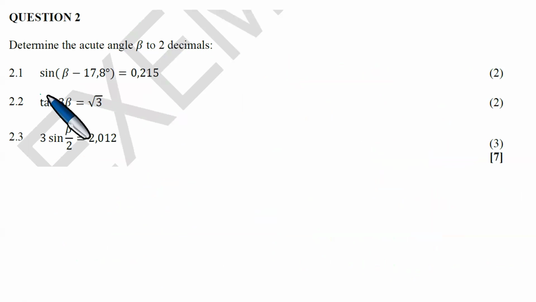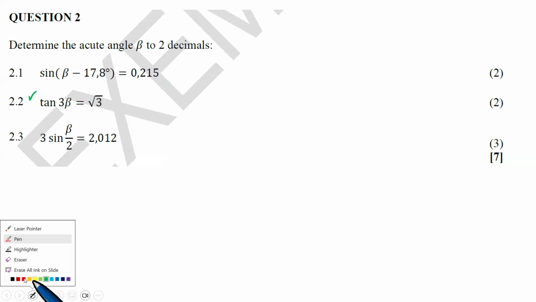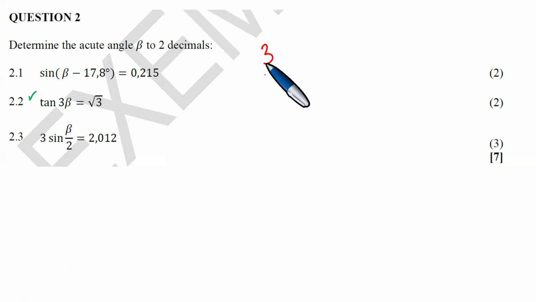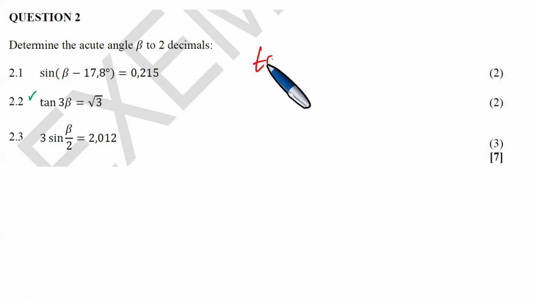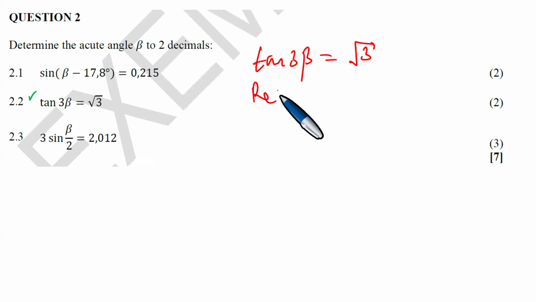Right, in 2.2 now, we need to determine the acute angle beta correct to 2 decimals. This one, tangent of 3 beta equals that one. We're doing 2.2 right now. If you have the tangent of 3 beta equals the square root of 3, and then now we get our reference angle still.